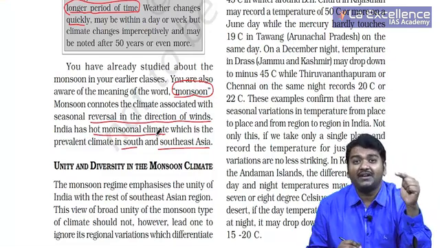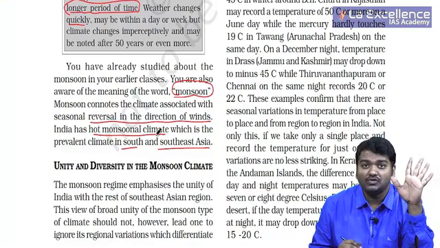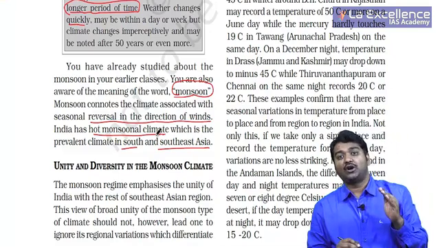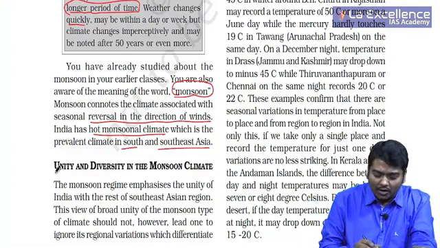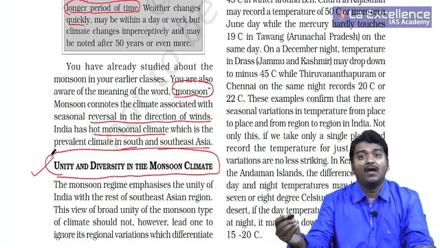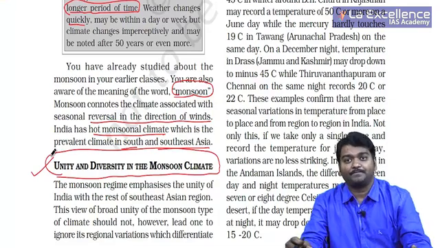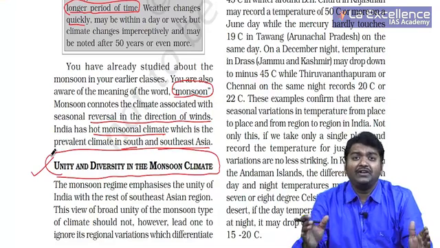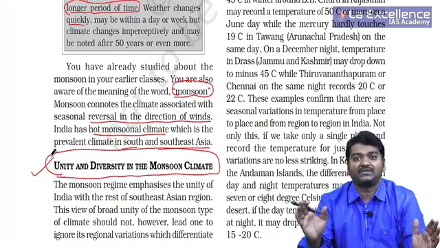And I differentiated it with the Chinese monsoon type, which I called temperate monsoon, and India's is actually called the hot monsoonal type of climate. Now when I talk about unity and diversity, at last in that chapter, I spoke about monsoon as a unifying factor. Here we need to see unity, but we also have to see the diversity as well.